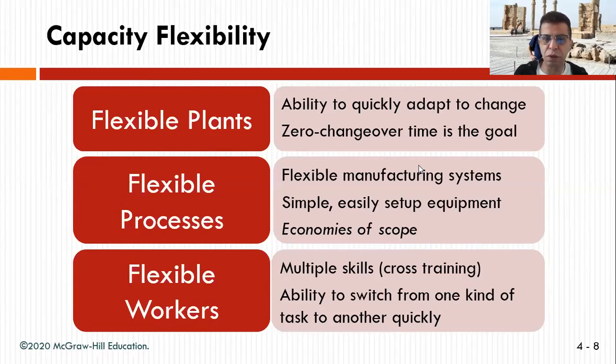And then you have flexibility of process, which is a flexible manufacturing system: simple, easily set up equipment. So it's easy to put the equipment together, attach it, and start working on it.